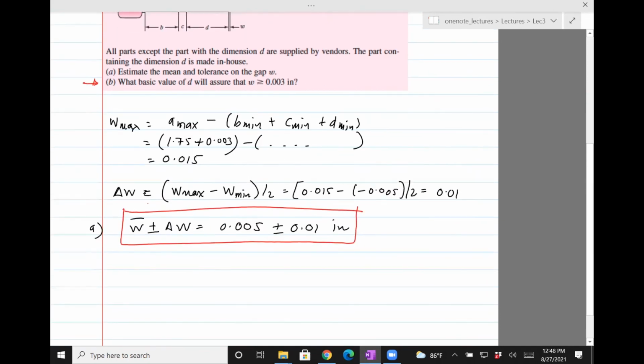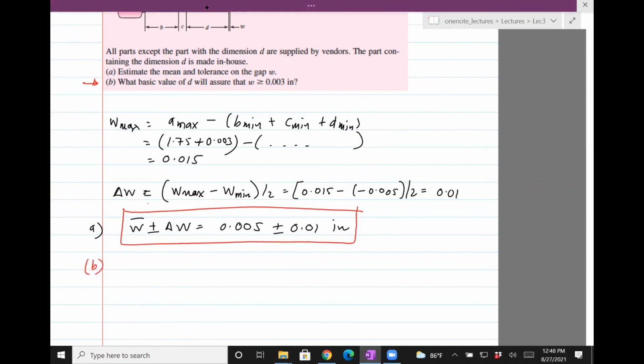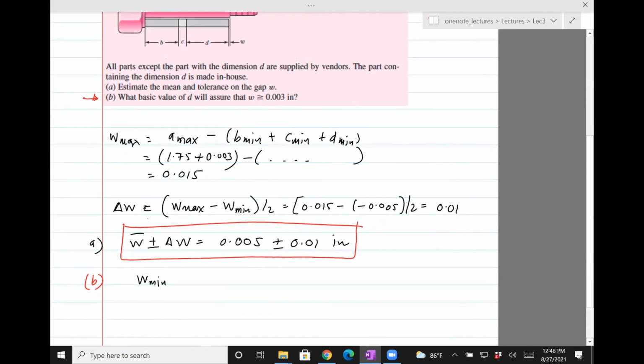So what this implies is that we want to ensure that W minimum is greater than 0.003, in which case here we'll consider W min equals 0.003, and then go ahead and find what D has to be.